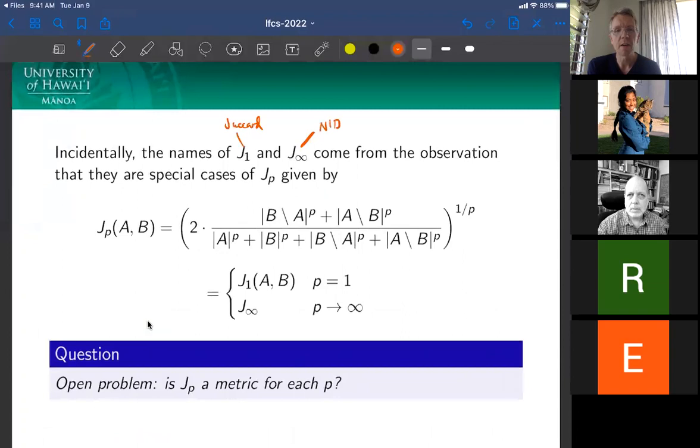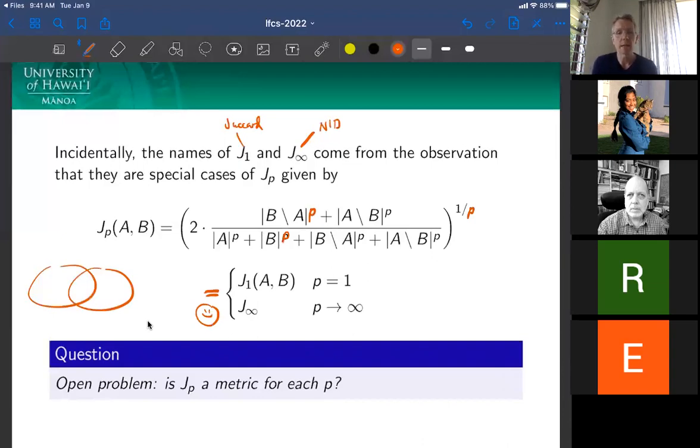It's all a function of the same cardinalities of the different parts of the Venn diagram, but we're raising it to the p power in certain places, taking a maybe unmotivated looking fraction there, and taking the pth root. But that's all designed just to make this equality be true. So the motivation is that if you let p equal 1, then indeed it is the Jaccard distance, and if you let p go to infinity, then you can see that it goes to this normalized information distance.